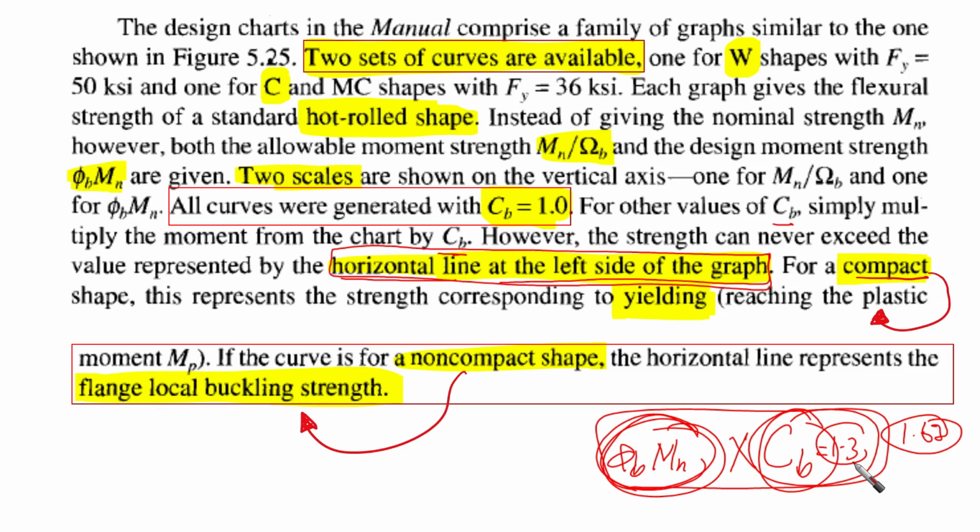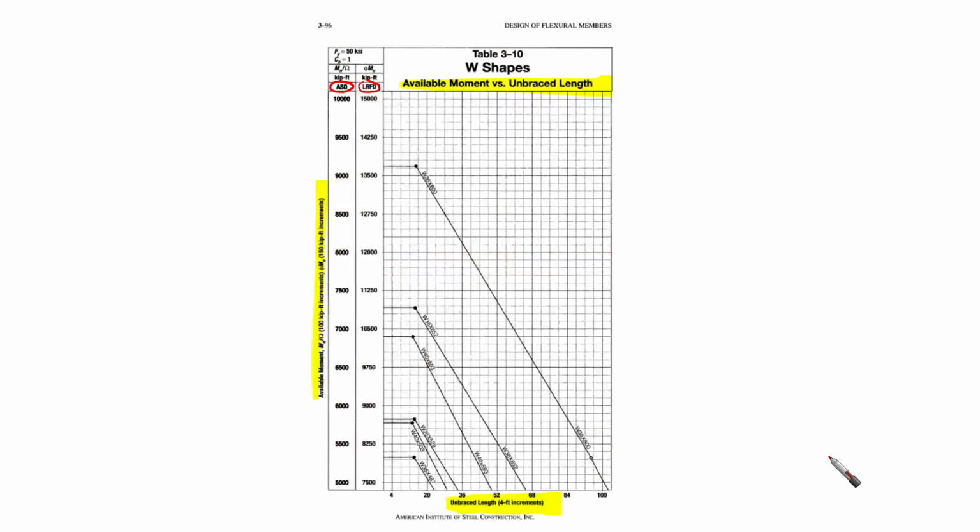Let's assume that you have a value of the moment on LRFD in kip-feet. It is 7,500 something here, and you have Cb of 1.5, for example.